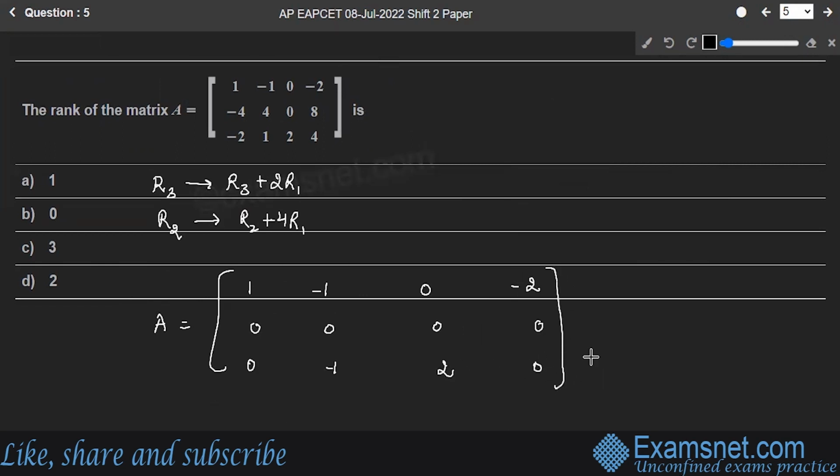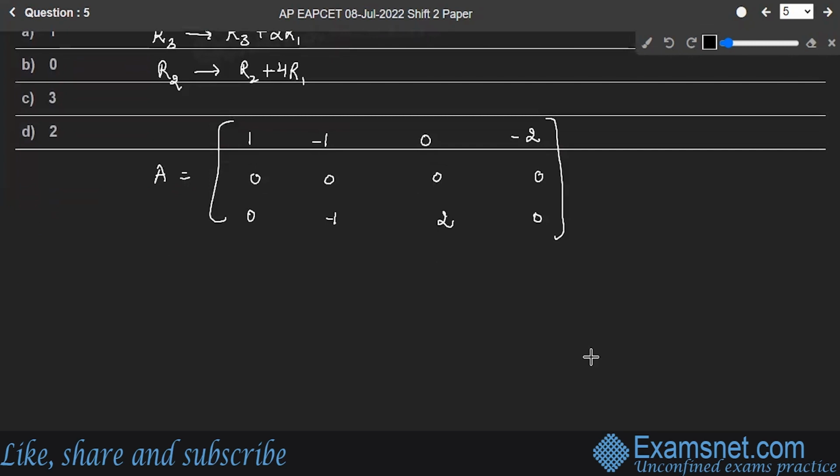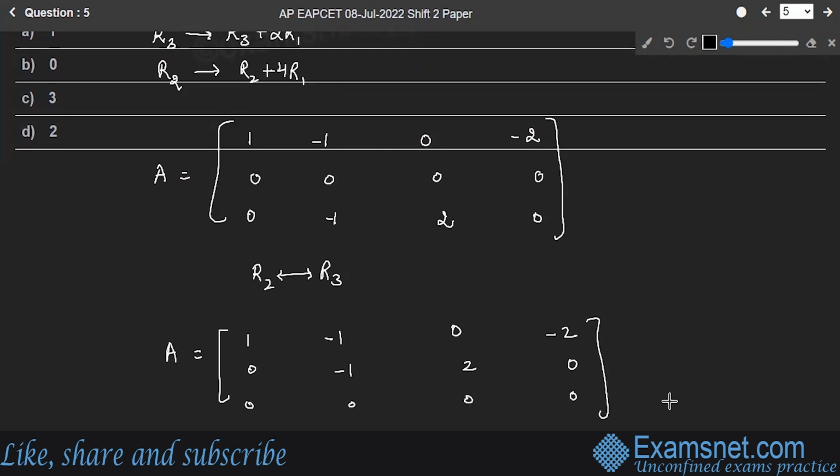This will be the matrix after applying these transformations. Now, let's interchange second and third row. R2 and R3 will be interchanged. So, matrix A can be written as 1, minus 1, 0, minus 2, 0, minus 1, 2, 0, 0, 0, 0, and 0.